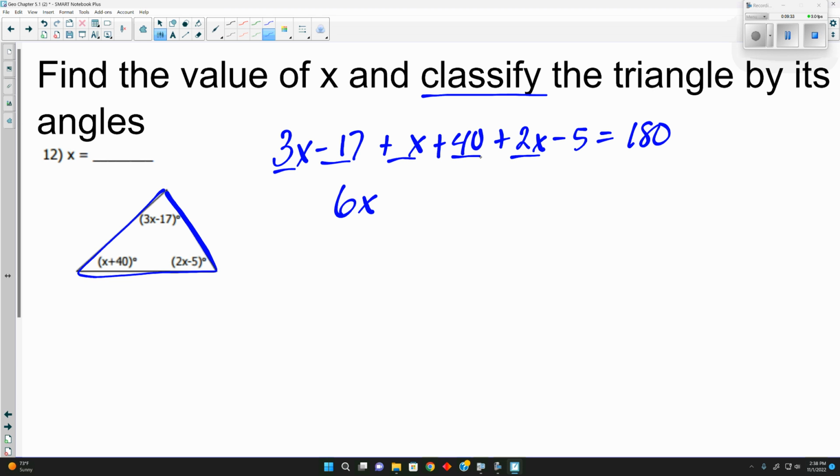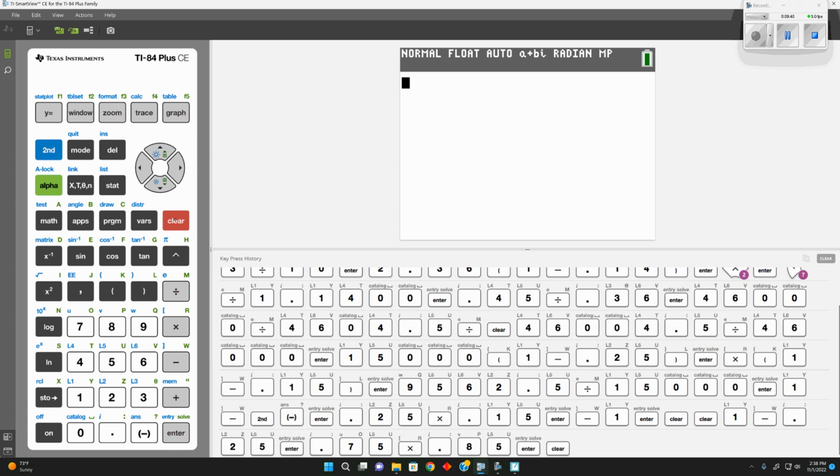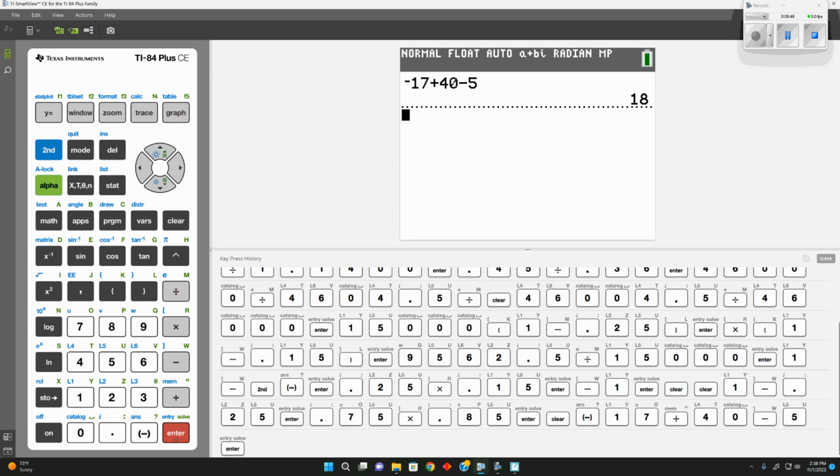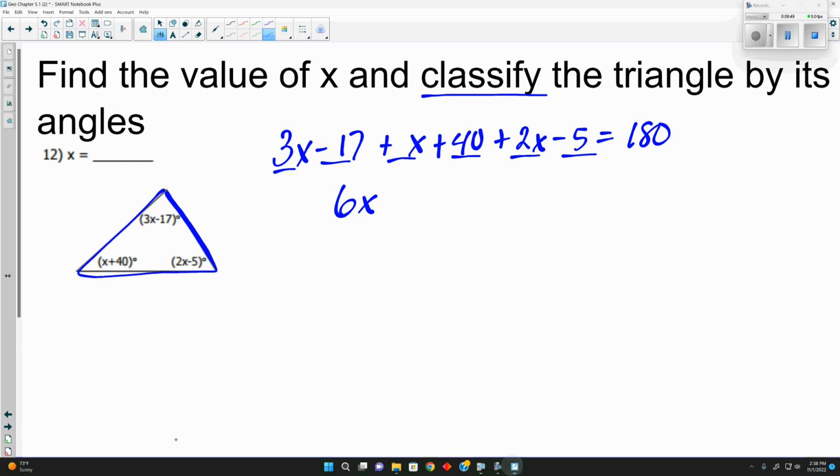Now we have negative 17 plus 40 minus 5. Well, we can do that in a calculator. Negative 17 plus 40 minus 5 is 18.